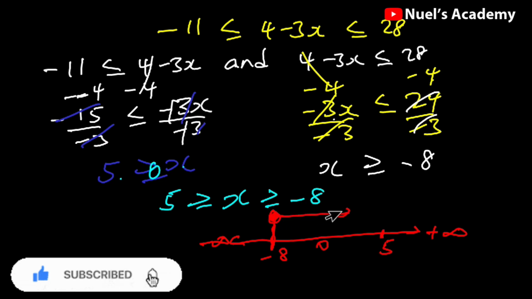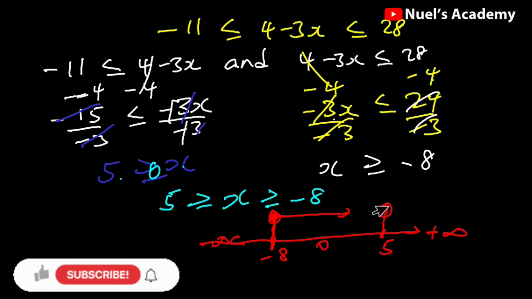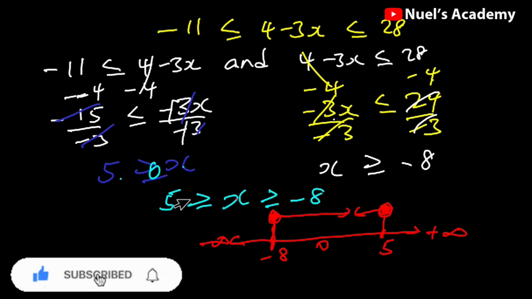And then x is less than or equal to 5, also a weak inequality, so we'll present it with a closed circle. This one is going to point to the left hand side because x is less than or equal to 5.